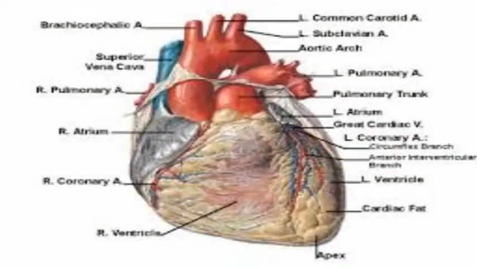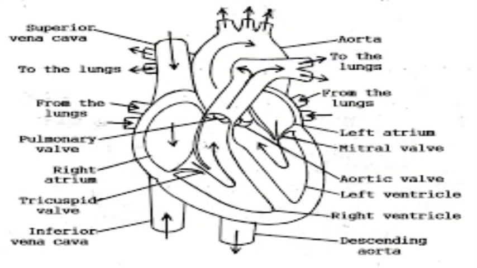The right heart consists of 2 chambers, the right atrium and the right ventricle, separated by a valve, the tricuspid valve. The right atrium receives blood almost continuously from the body's 2 major veins, the superior and inferior venae cavae.